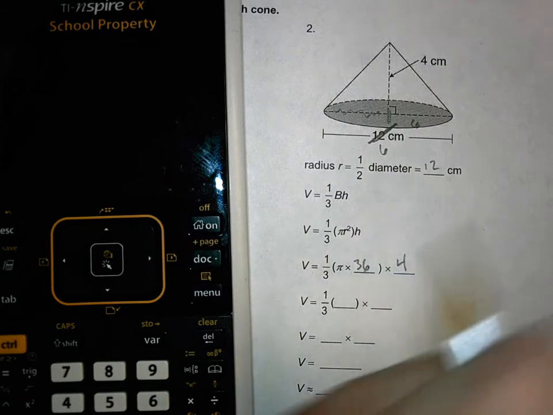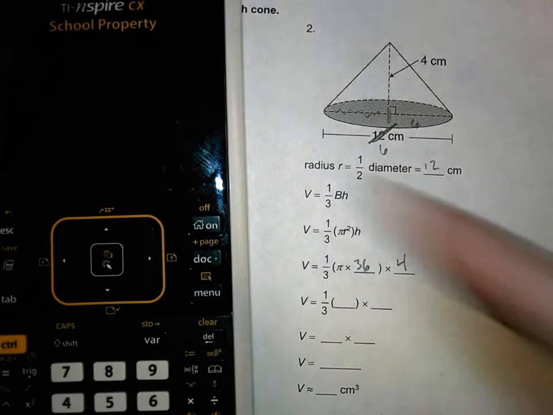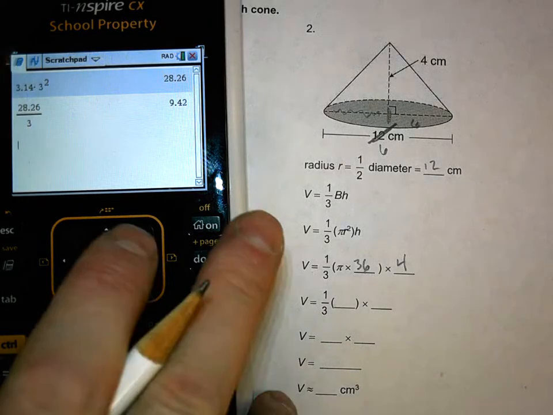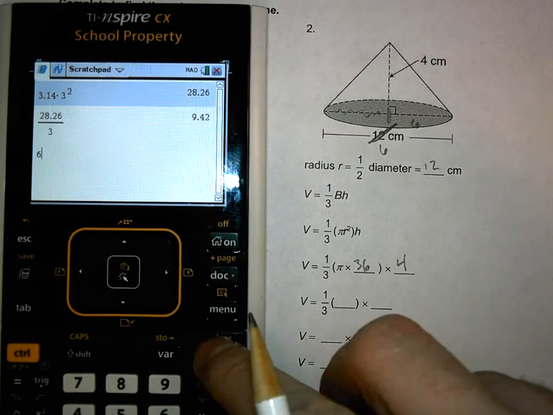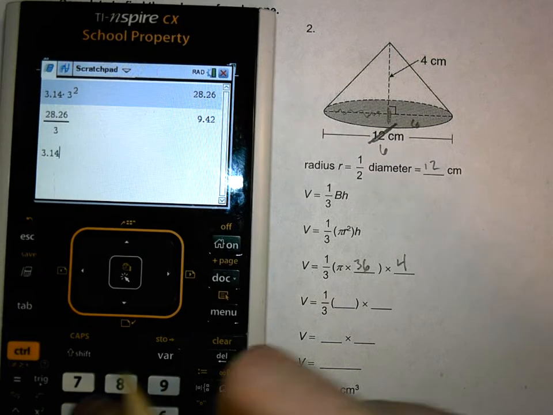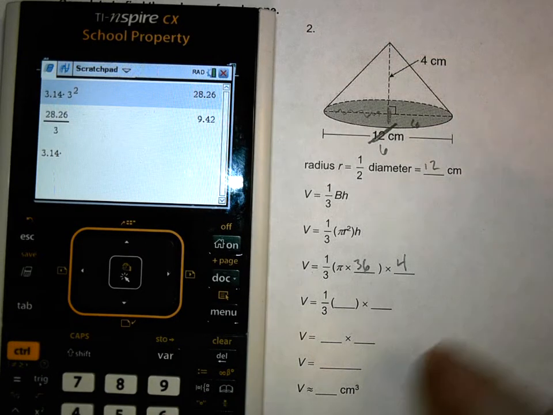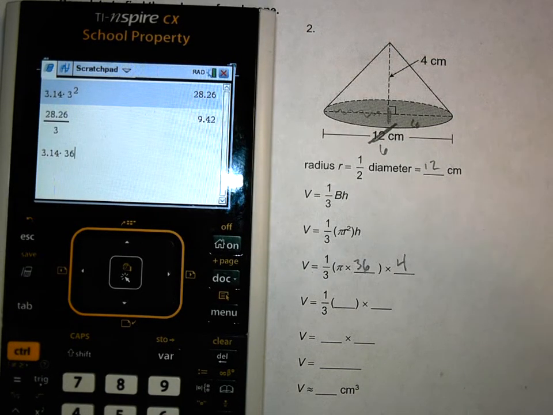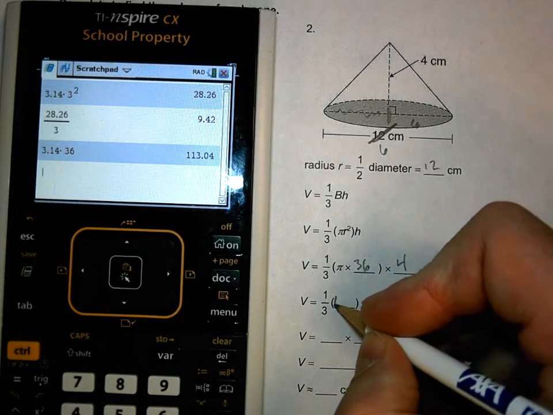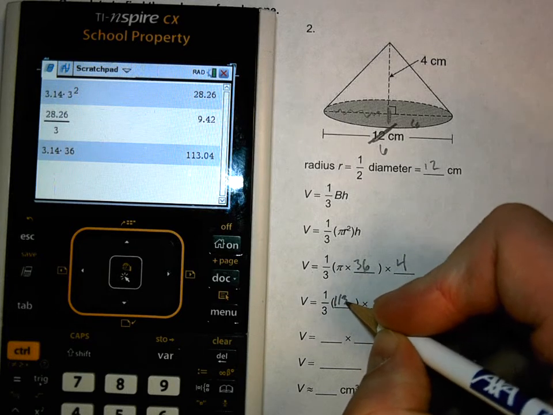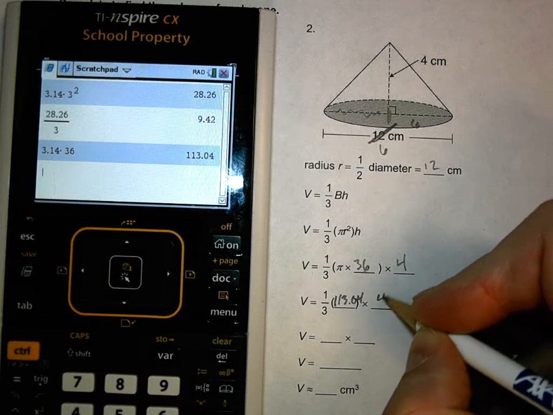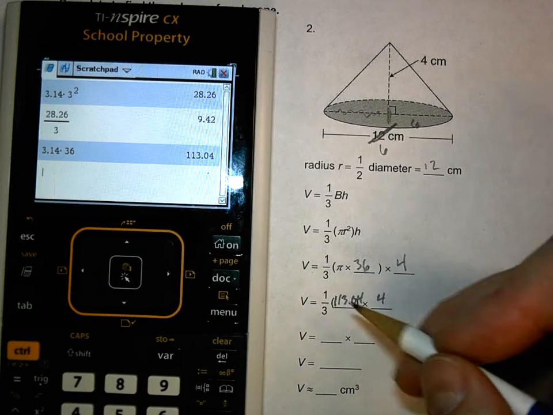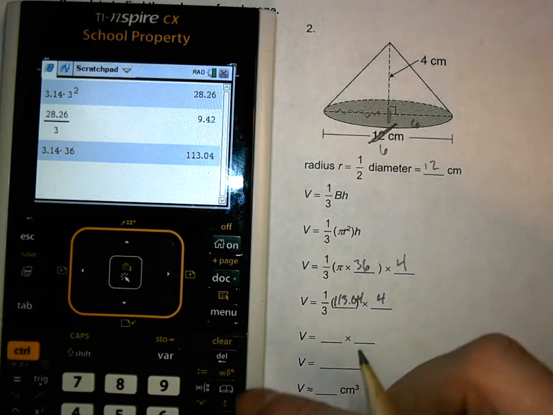So pi times 36, I get back to my calculator. 3.14 times 36 is 113.04 times 4.